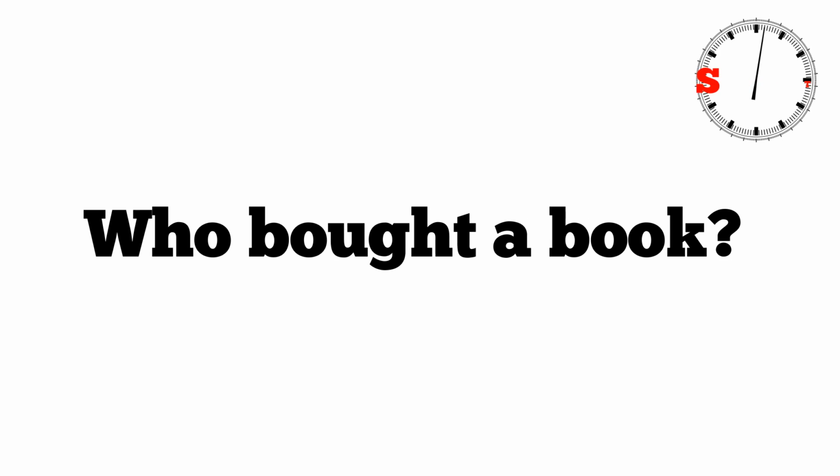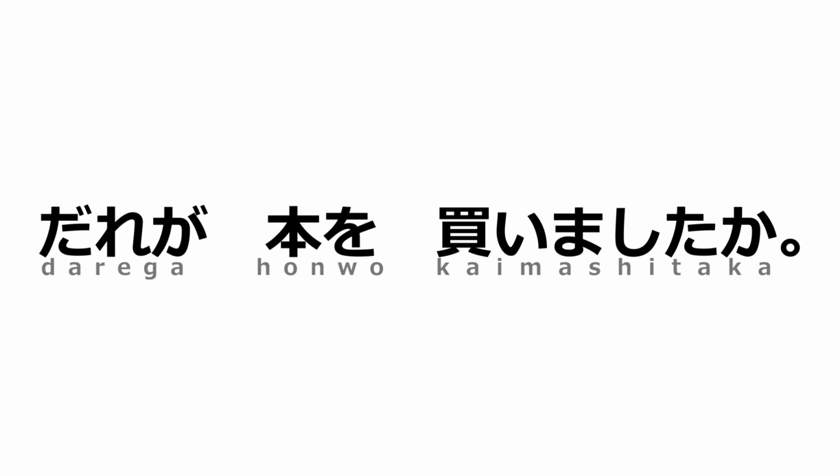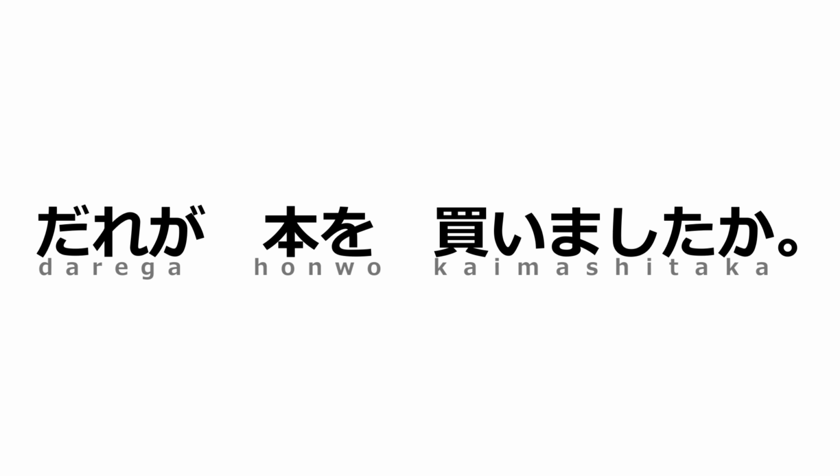Who bought a book? 誰が本を買いましたか？ For who bought a book, we would say, 誰が本を買いましたか？ Breaking that down, 誰 who, が the subject marking particle, 本 book, を the object marking particle, 買いました bought, and finally, か the question marking particle.